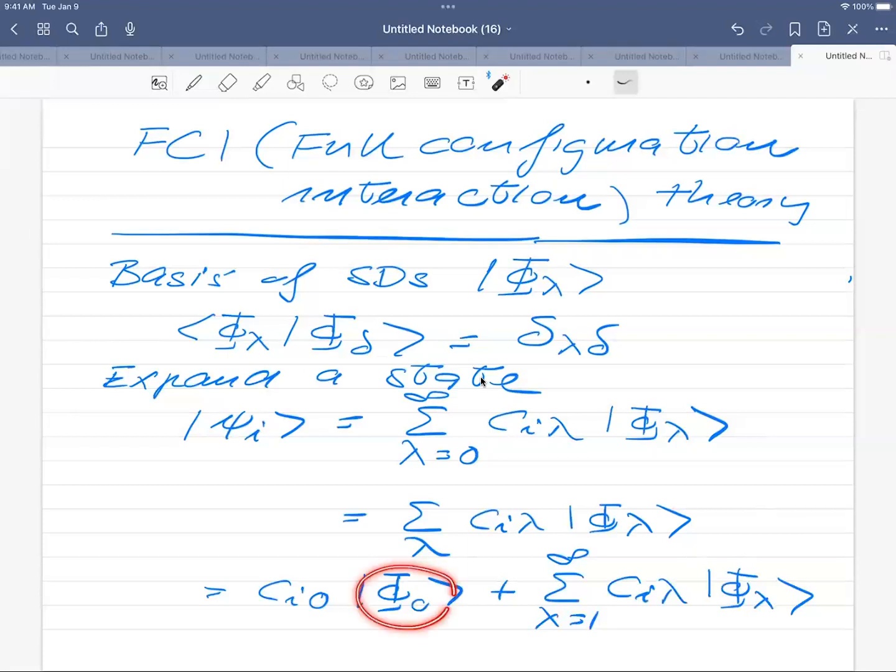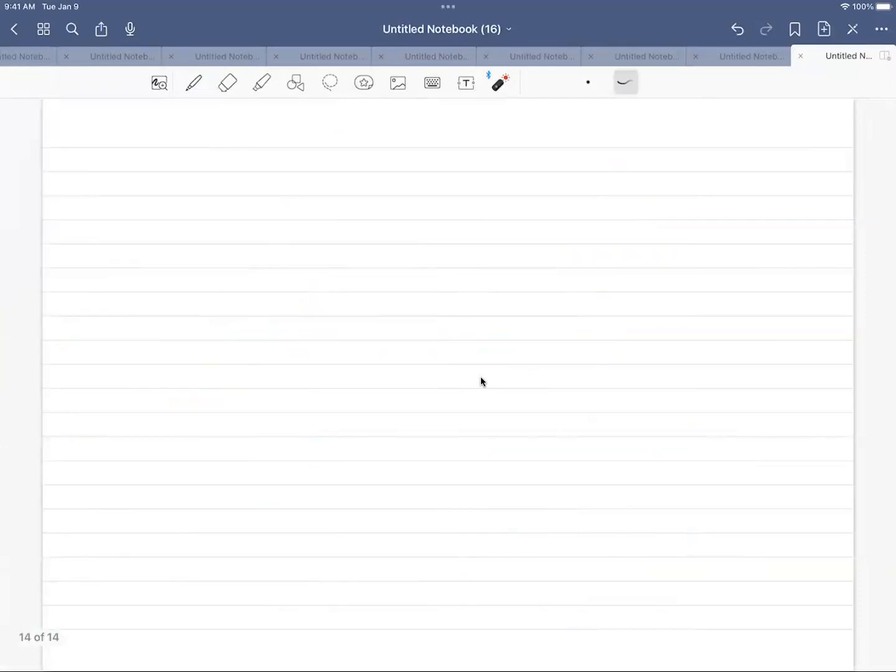This ansatz, the hope is always that this contains most of the information, and that what comes from here is just a tiny contribution to the ground state wave function. Okay, so this is probably something which you've seen many, many times before.